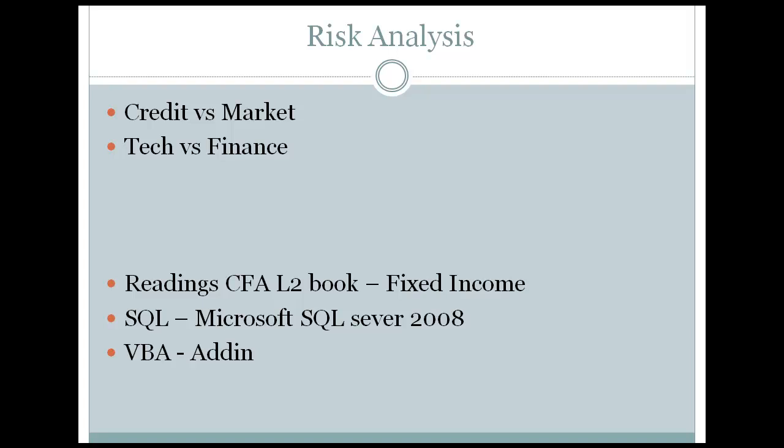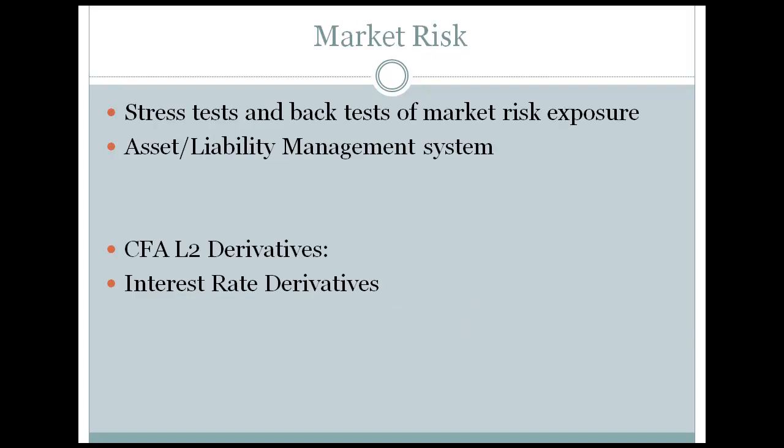So if you are looking at it from a mortgage side, a credit risk would be credit risk of your institutions who have bucketed those loans, or the people who have taken the loan. So those are the differences. Now these kind of jobs require technical skills as well as finance, and that is the reason you might like to touch base on SQL and VBA. Again, we can look into that.